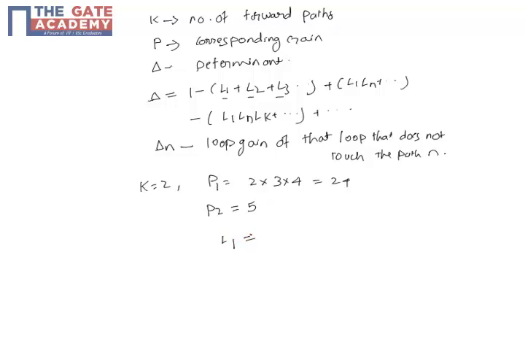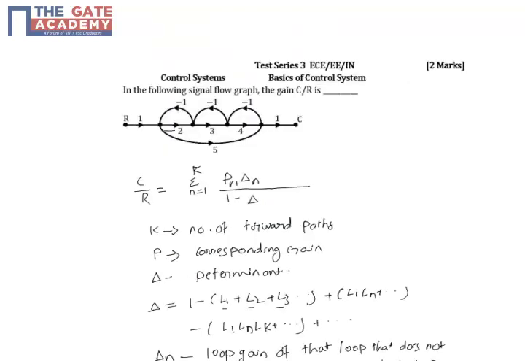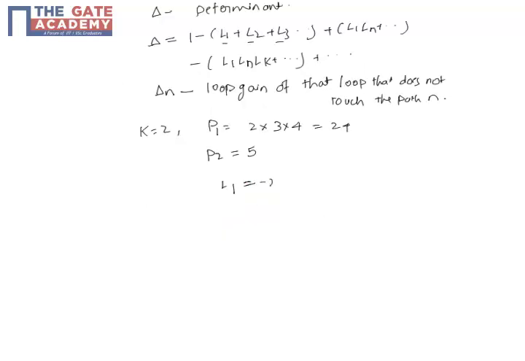L1 is the loop gain of this particular loop, which is 2 into minus 1, that is minus 2. Similarly, L2 will be minus 3, L3 will be minus 4, and L4 will be minus 5.